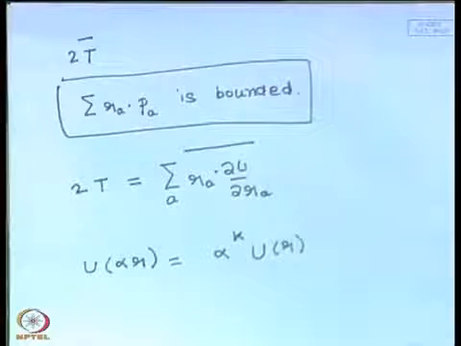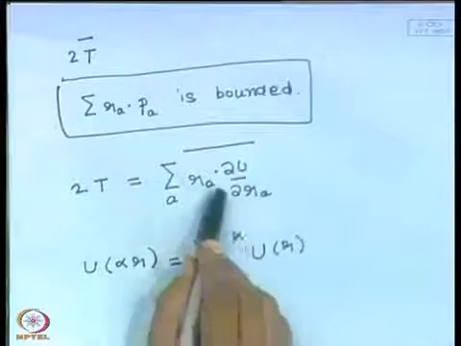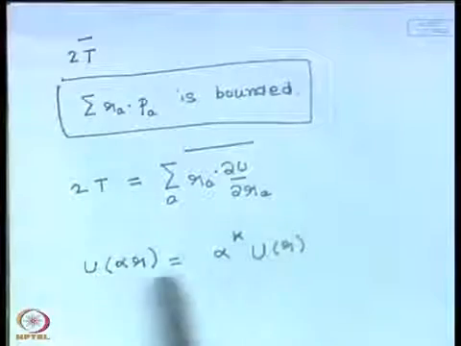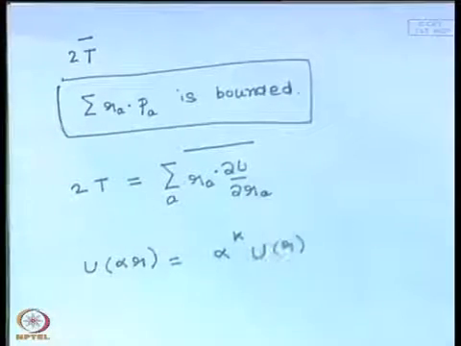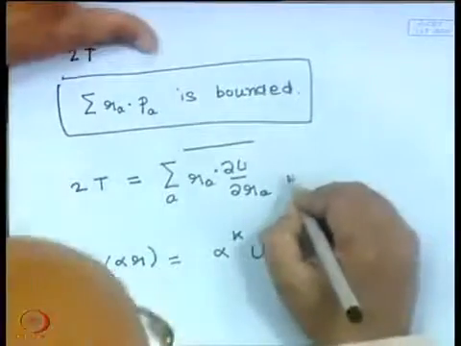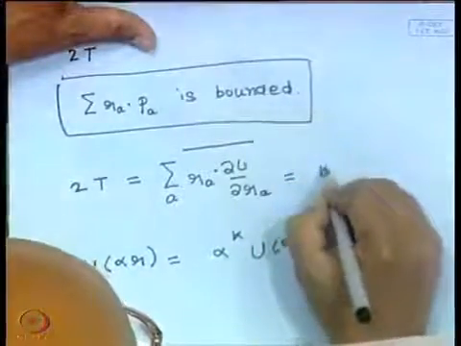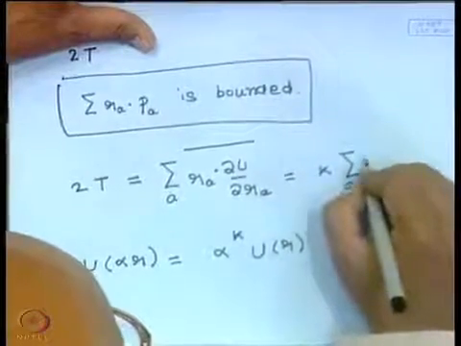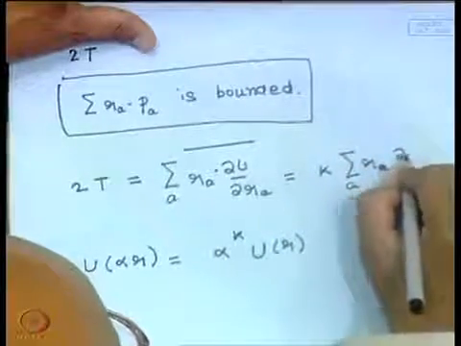So in this situation, if I differentiate U with respect to r and multiply with r again, then this will be k times the same quantity.